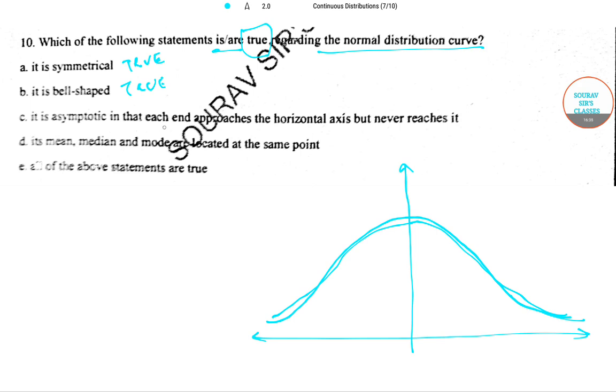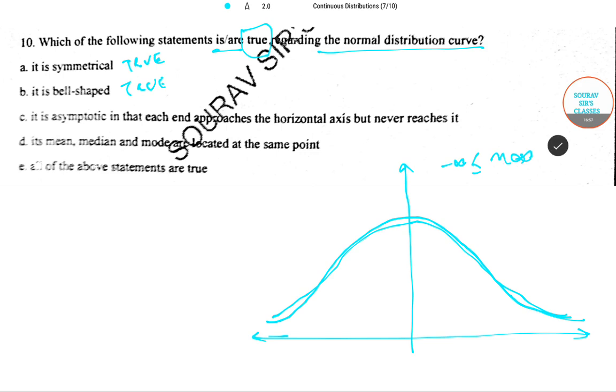It is asymptotic in that each end approaches the horizontal axis but never reaches it. This again is true. Well, for a normal distribution, the range of variables, that is x, ranges from minus infinity to plus infinity.